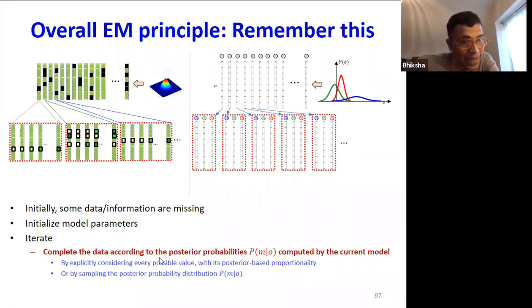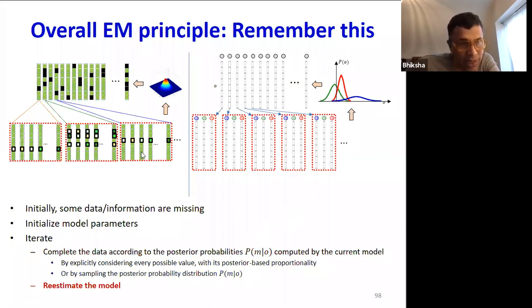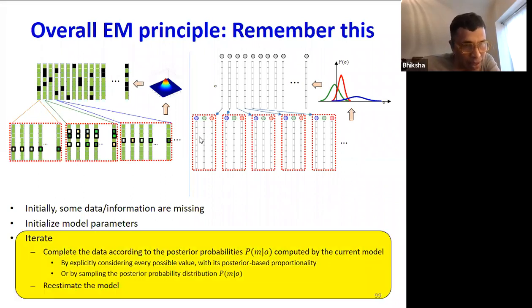This can be done by either explicitly considering every possible value and getting this posterior based proportionality, that is the general expectation maximization algorithm that you guys are likely familiar with, or simply by sampling the posterior probability distribution P of M given O. And so now that you've completed this, you can re-estimate the model parameters from the completed data. And so this is the key of the expectation maximization algorithm, right? And so questions so far.